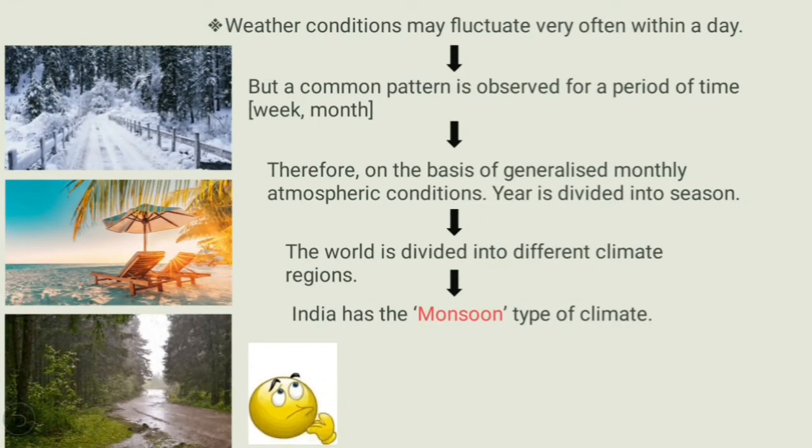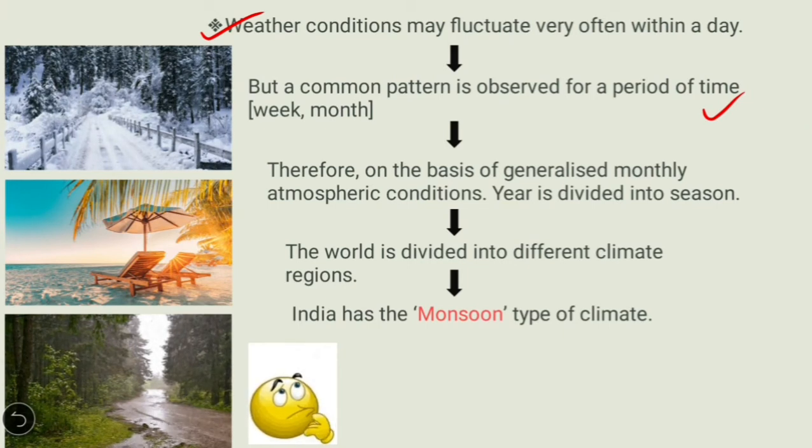Now weather conditions may fluctuate very often within a day, as we have taken the example. But a common pattern is observed for a period of time that can be a week or a month. You may also have noticed that for a particular time, a particular pattern you will observe.